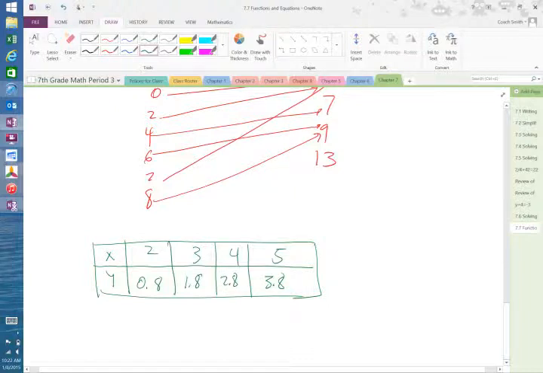Well, first of all, you need to understand input and outputs. For me to go from 2 to 0.8, I decreased the number. Okay? In mathematics, what are the two only ways that you can decrease the value of a number? Division and subtraction. So, I know right off the bat then, when I went from 2 to 0.8, that I'm subtracting or I'm dividing.